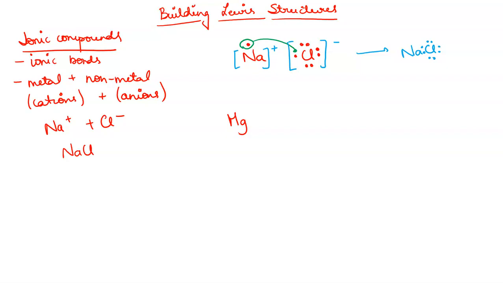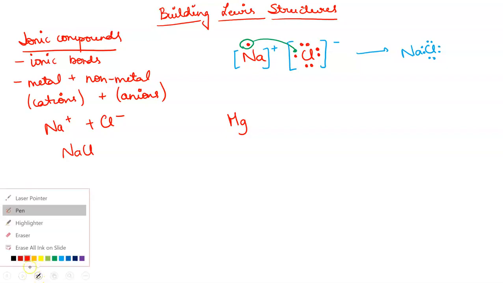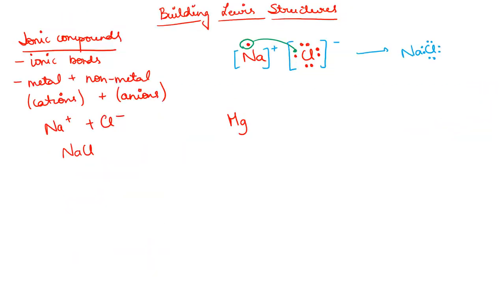All right, so the valence electrons with magnesium are 2. So 1 and 2. Oxygen has 6 valence electrons.